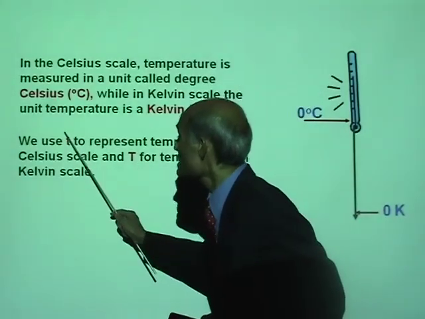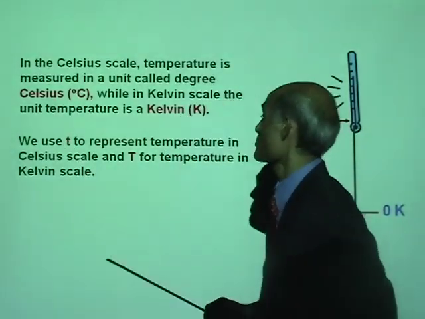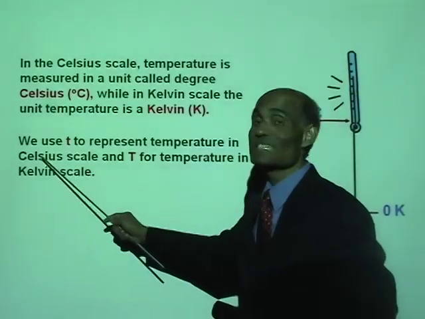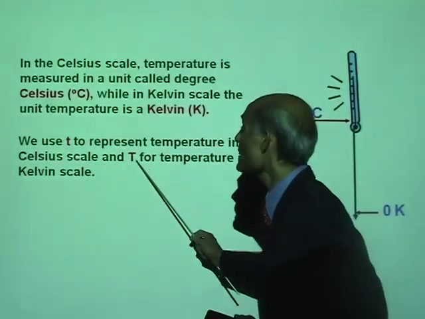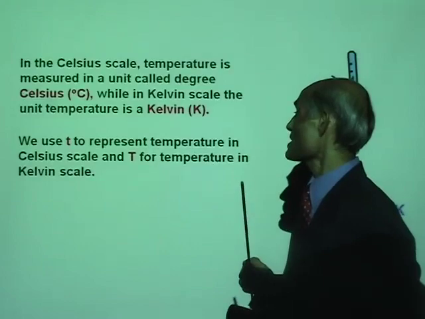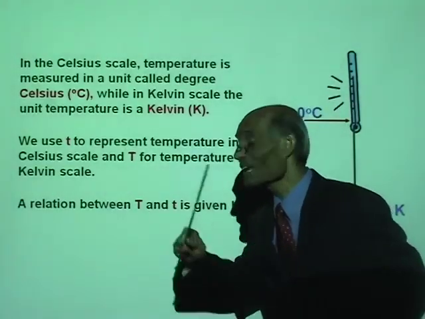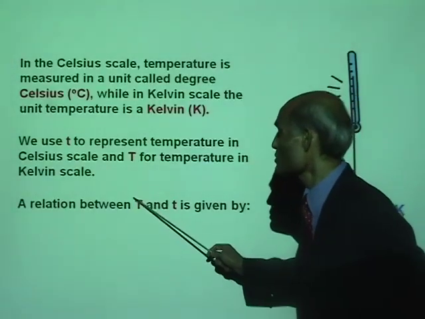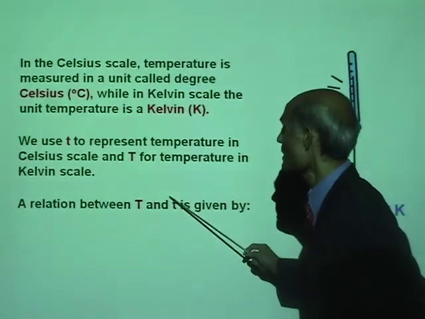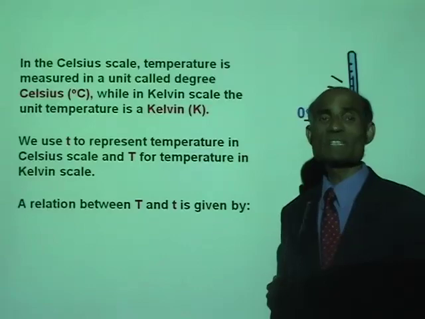Now, we use lowercase t to represent temperature in Celsius and uppercase T to represent temperature in Kelvin scale. And there is a fixed relationship between temperature in Kelvin and temperature in degrees Celsius.